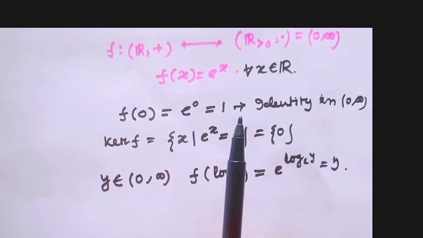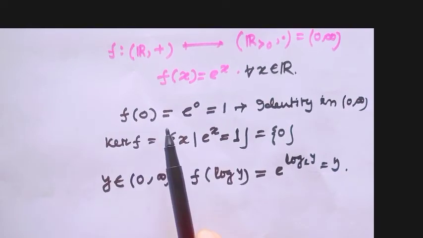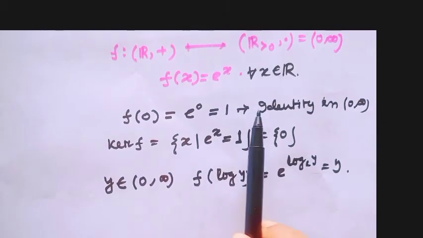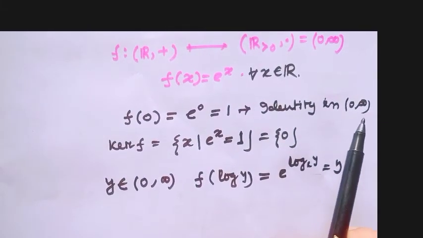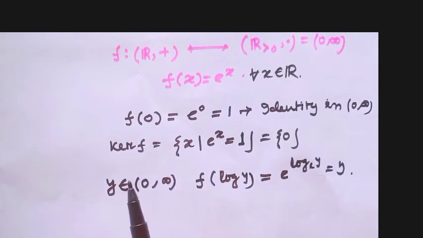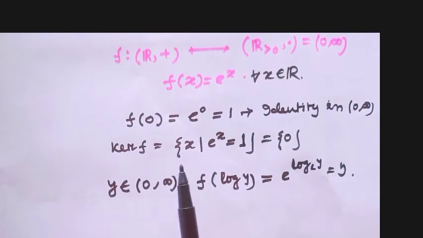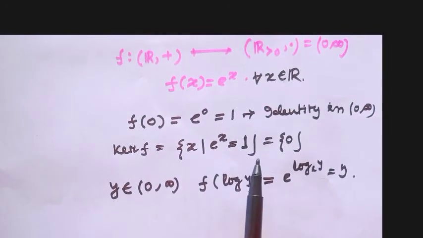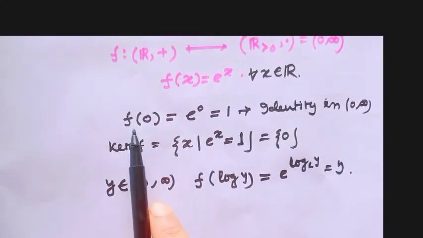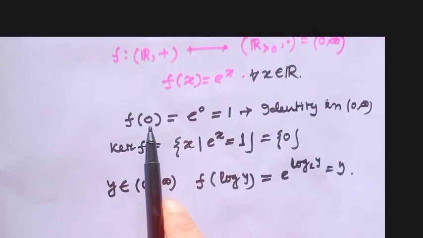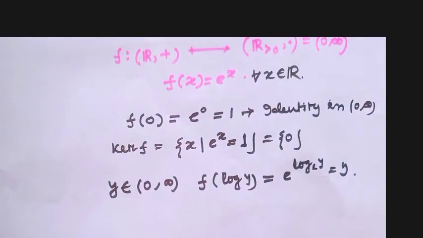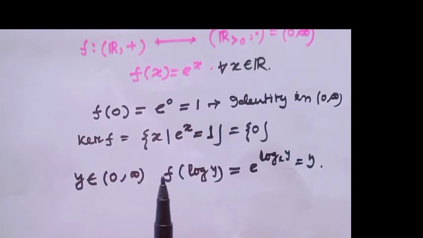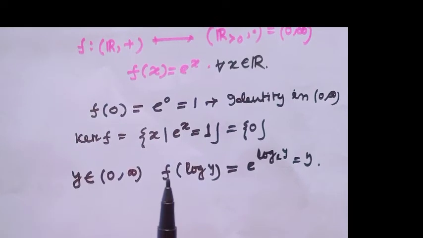What would be the kernel of f? f of 0 equal to e to the power 0, which is equal to 1, and we all know 1 is the identity element in (0, infinity). Then kernel of f equal to the set of all x such that e to the power x equal to 1. And what would be this set? This x is only 0. So this function is 1-1 because kernel f only contains the identity.